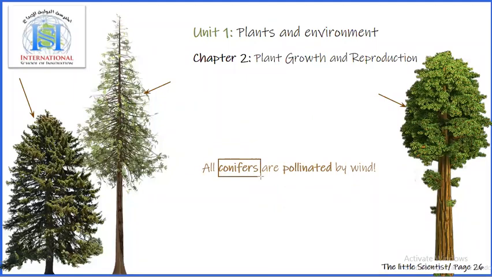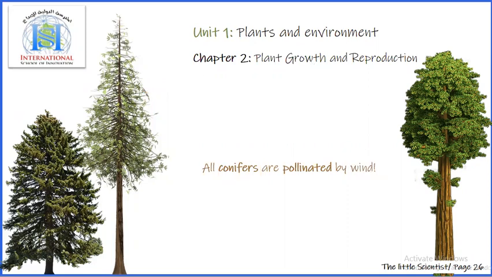Scientists noticed that these trees get pollinated by wind. So in our case right here, the pollinator is the wind. The wind takes pollen from the male part to the female part.